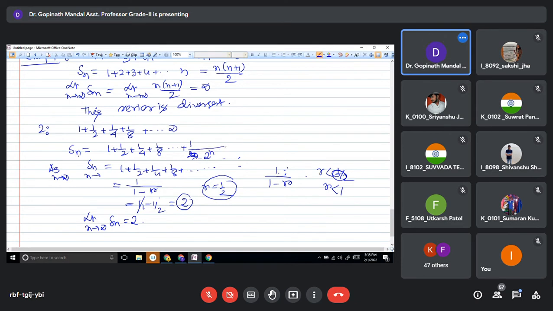So as n tends to infinity, Sn is equal to 2. That means a finite number. That means the series is convergent.